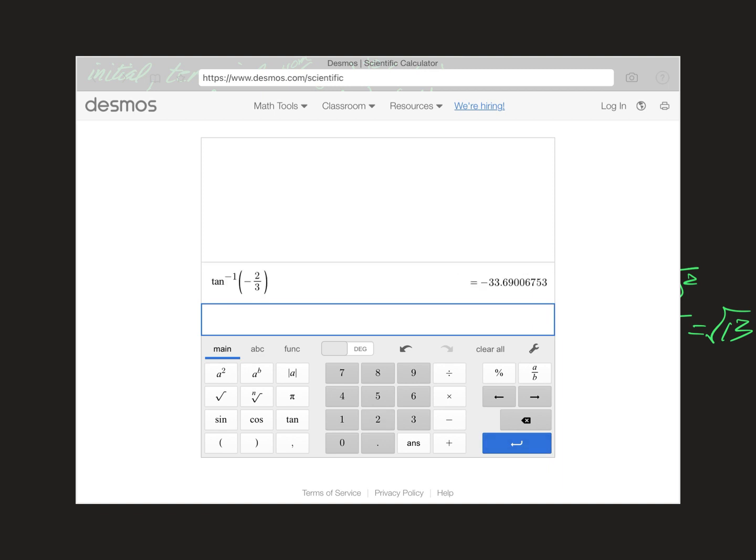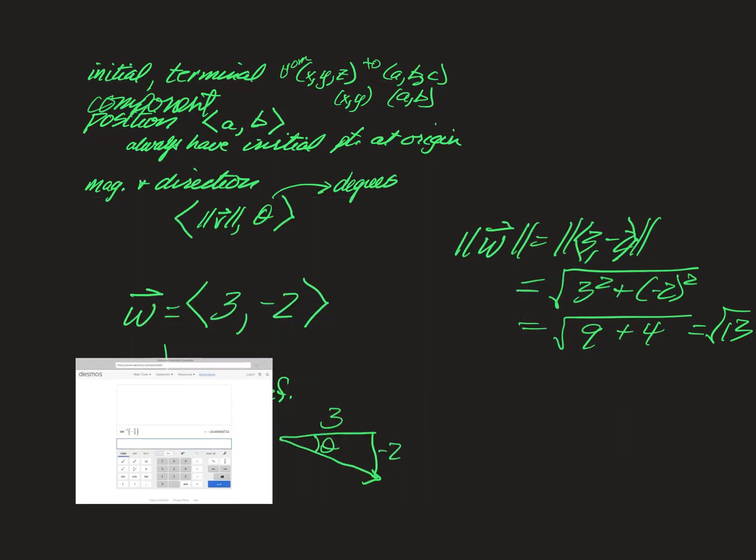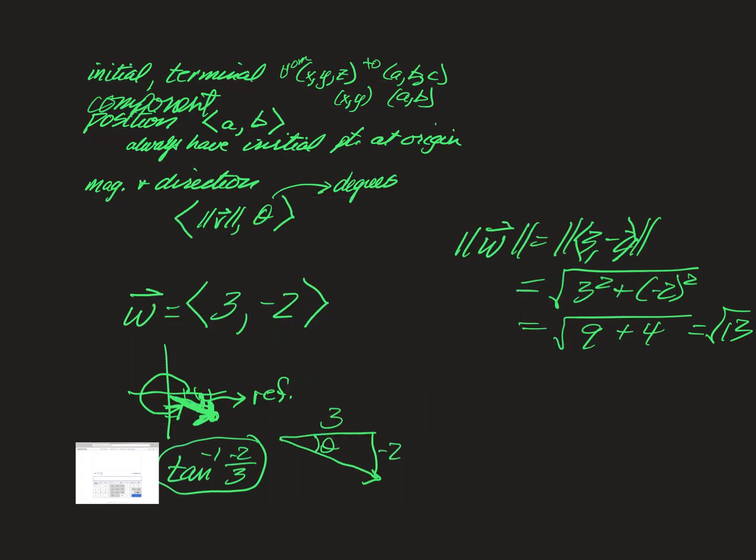And so that is -33.7 degrees, all right? So there's my calculation right there. So this is equal to -33.7 degrees.